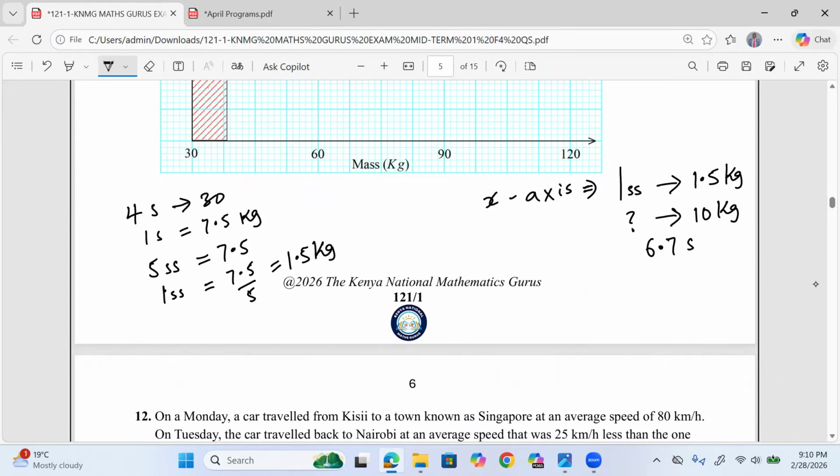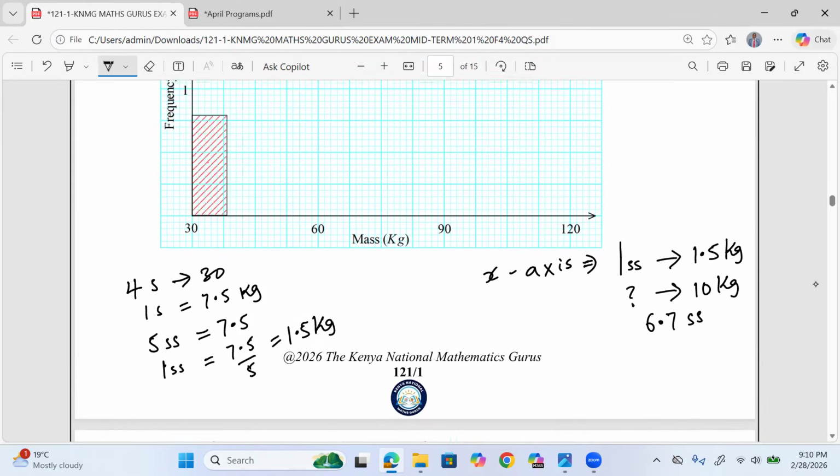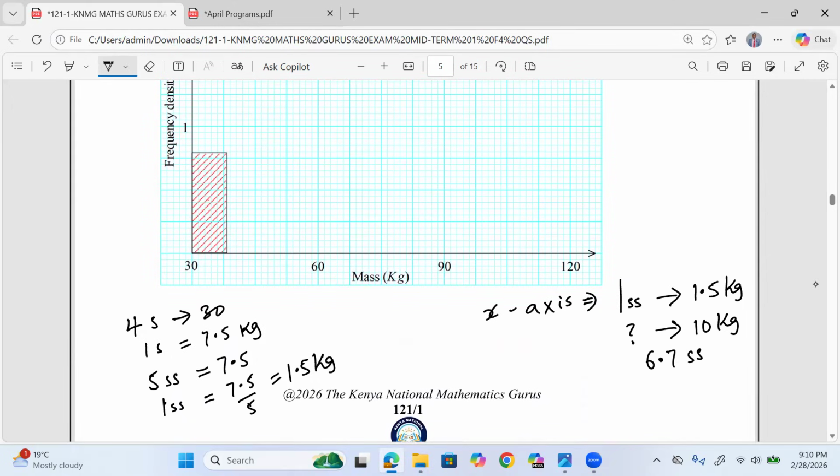And that is why you can see the examiner is having the class running all the way to after 5 small squares. Actually, we are supposed to move all the way to the 6th division, then point something.